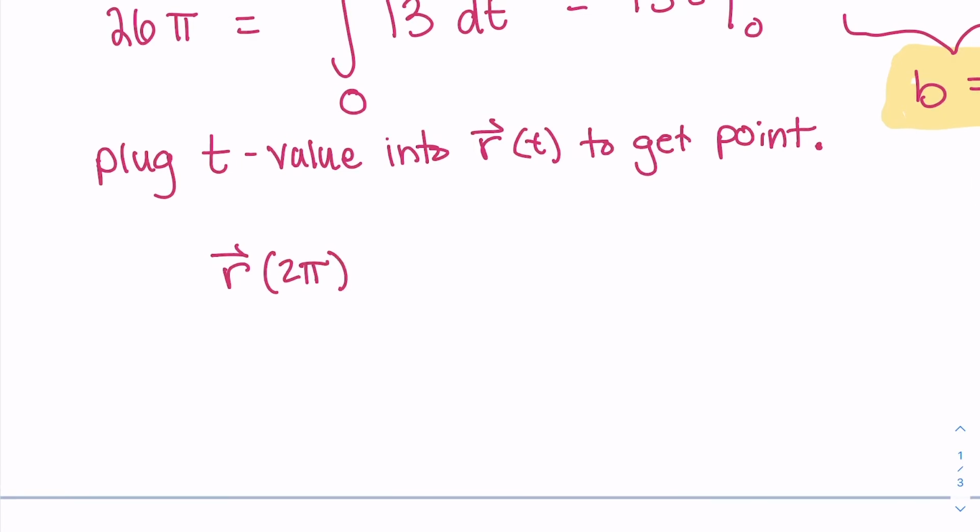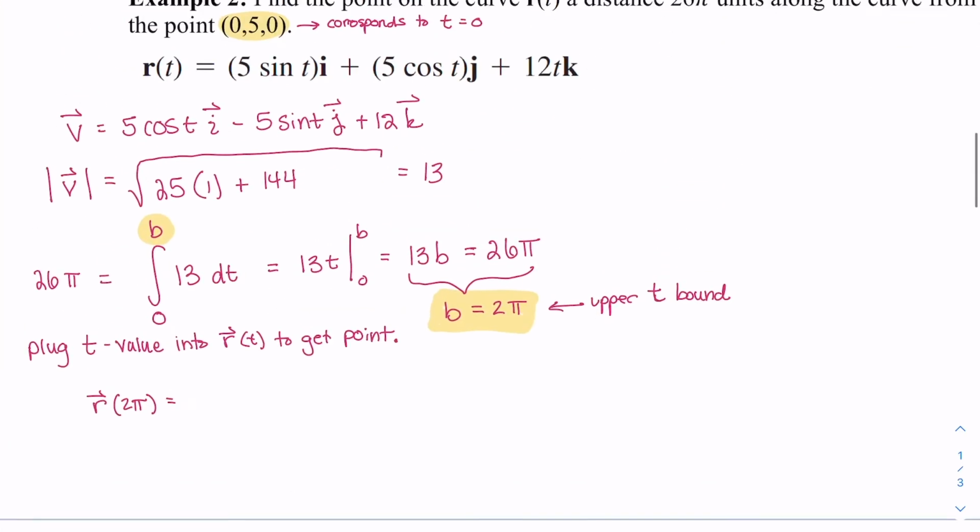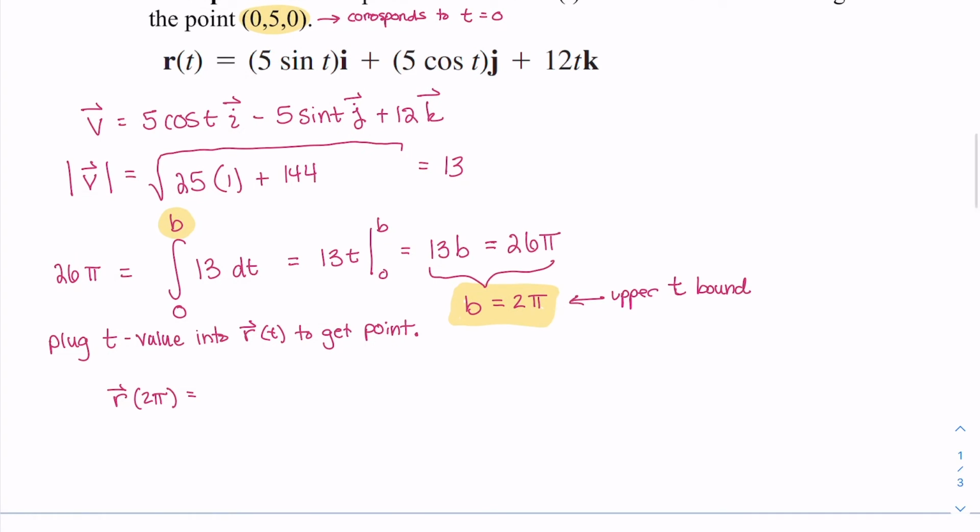So let's just plug in 2 pi into our initial position function, and we'll get 5 times the sine of 2 pi, which is 0. And then we'll get 5 times the cosine of 2 pi, which is 1. So we get 5. And now we have 12 times 2 pi, which just gives us 24 pi.